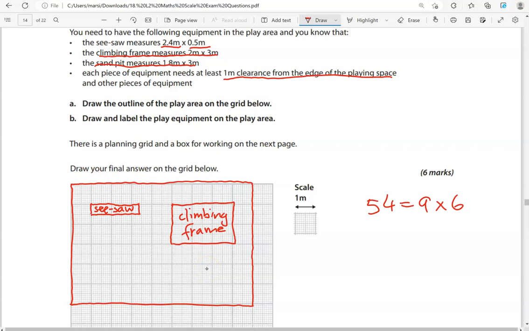So that was half a meter by 2.4. And I'll create the space here for the sand pit. So 3 by 1.8.